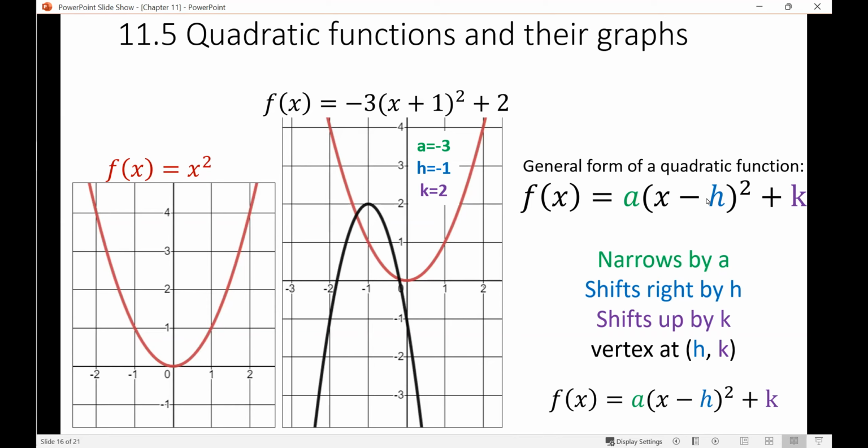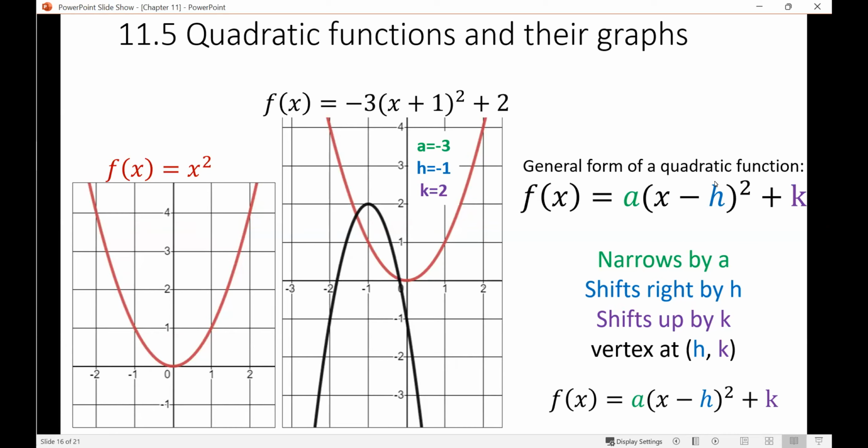The H, so notice we're doing a subtraction sign here because we want to know how much we're going to shift right by, because that's the positive x direction. So how much you're shifting in the x direction is the H. So it's x minus whatever your H is.